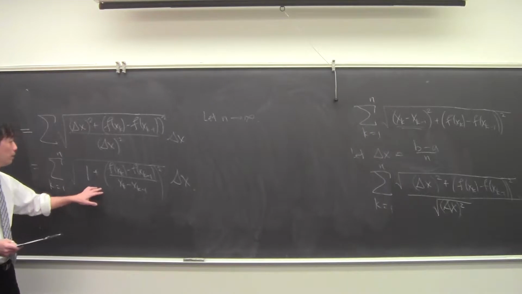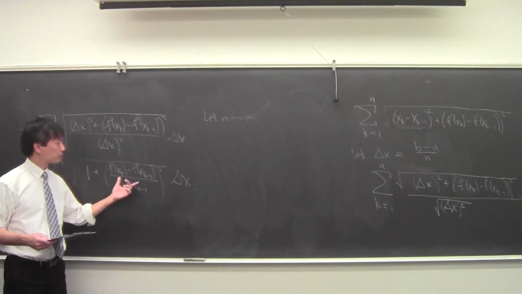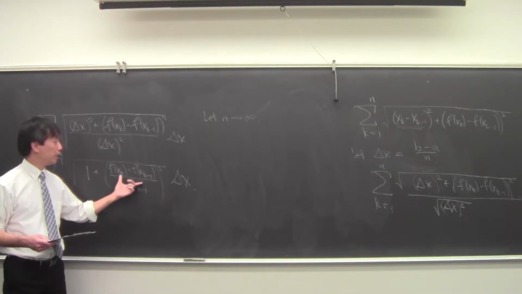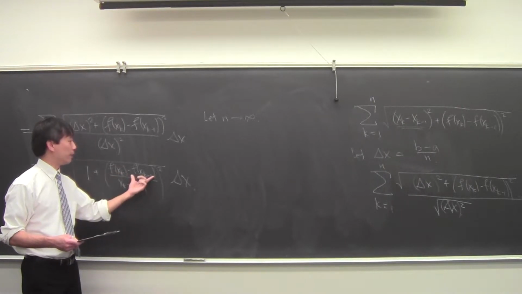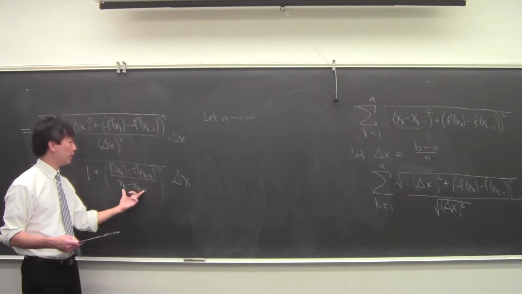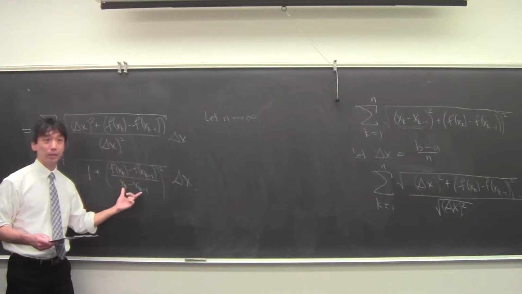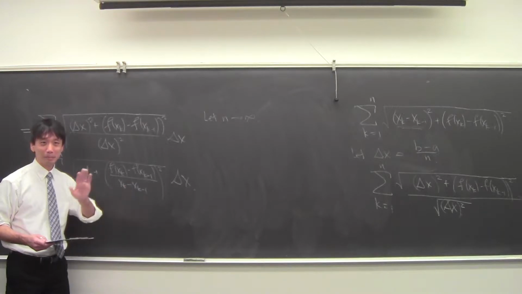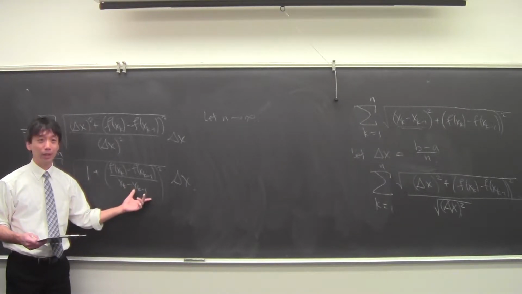And what do you see? What's going to happen? As n goes to infinity, you've got this f of x k minus f of x k minus 1 over this thing. Does anybody recognize this? This should look kind of familiar, right?